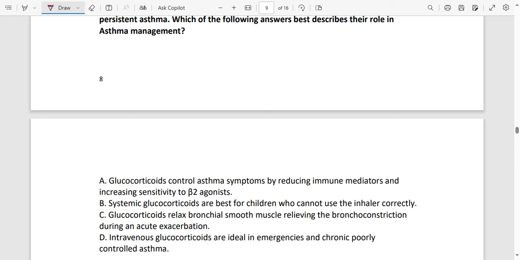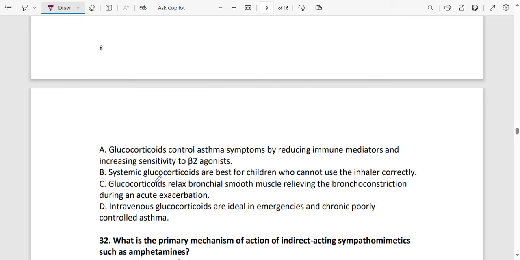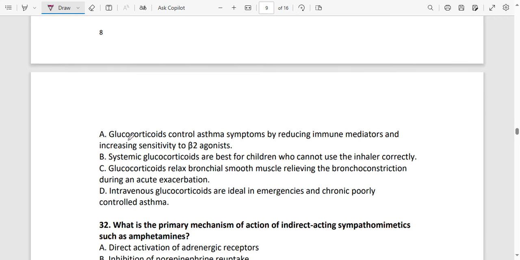Yes. All right. Thank you so much. So we can now pick the best answer because most of those things we did mention them somehow. So the glucocorticoids control asthma symptoms by reducing immune mediators and increasing sensitivity.